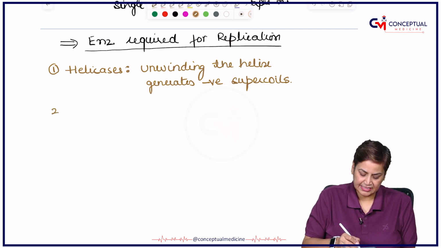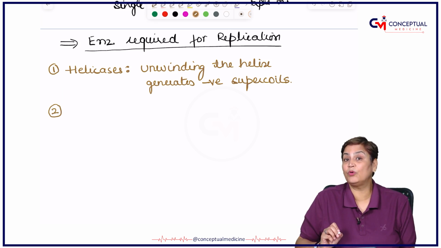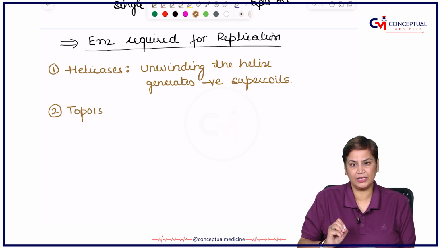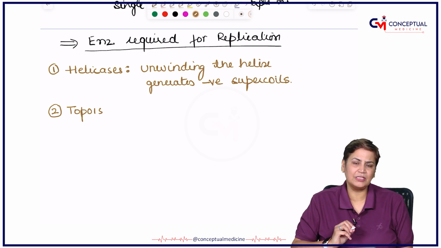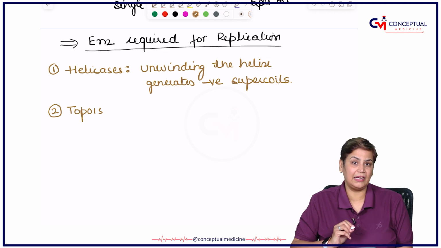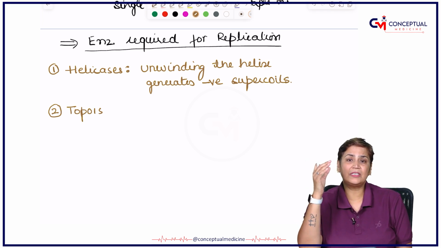Then second is a very, very important enzyme, we call it topoisomerases. What is the function of this topoisomerases? Because what are the topological properties of DNA? We all know that DNA has different types of bonds and it is intertwined like a rubber band. So we cannot just pull DNA like this. Whenever we try to pull the DNA strands apart, so much stress and strain is caused.